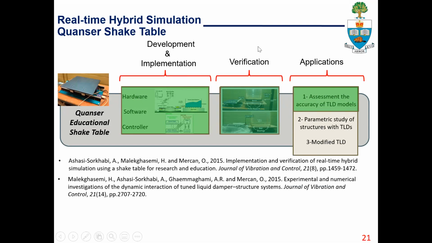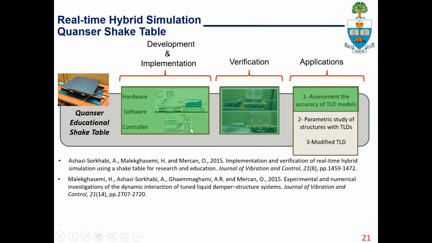And if you want to do a dynamic experimental study for a tuned liquid damper structure interaction, you need to build a scaled down version of your structure as well as a scaled down version of your tank and do the test on a shake table.